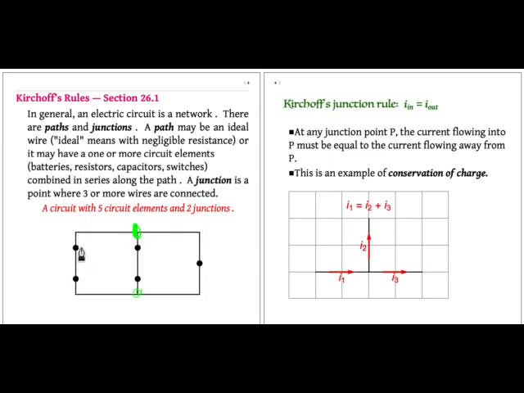These 2 dots represent resistors or batteries or switches. Here's another path, goes from one junction to another, with 2 circuit elements along the path. Here's a path which has only 1 circuit element along the path.